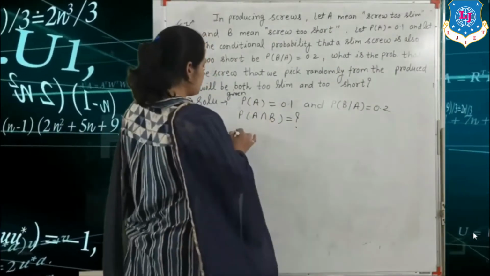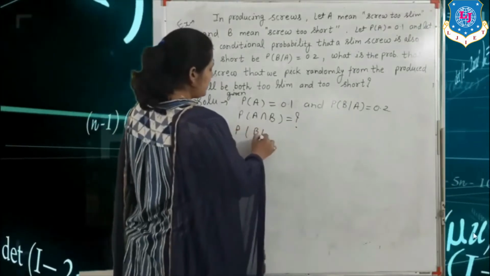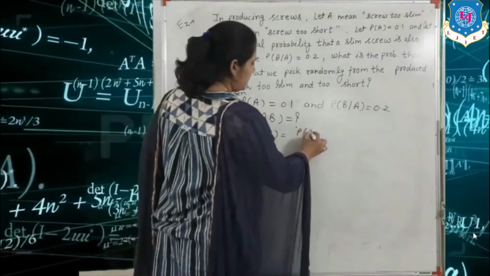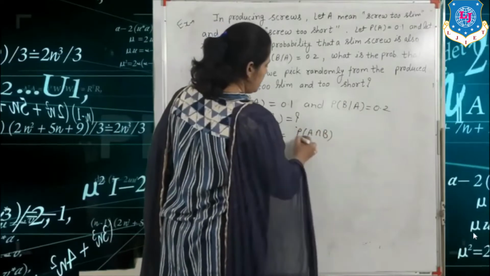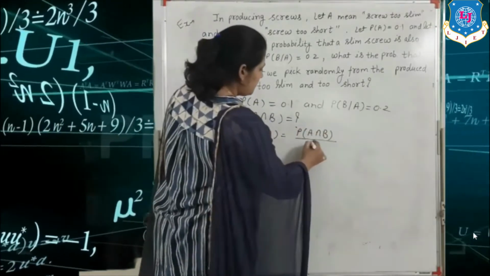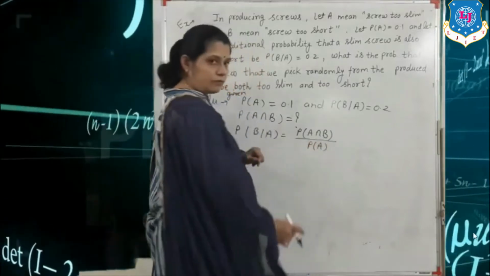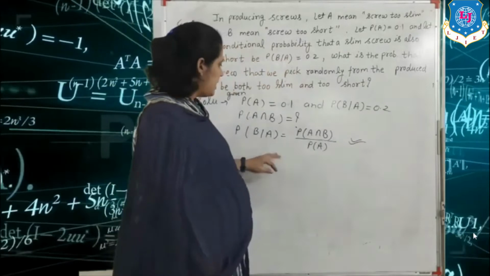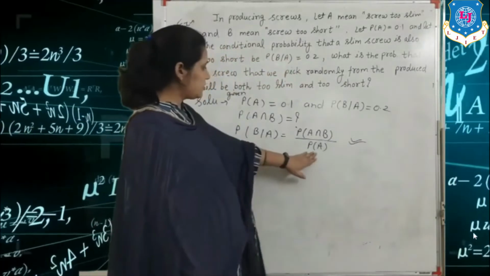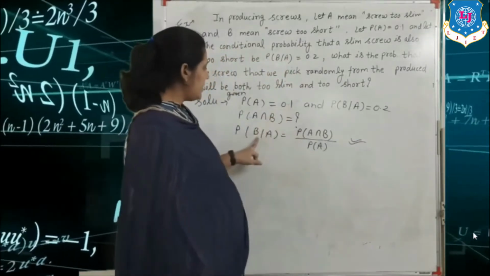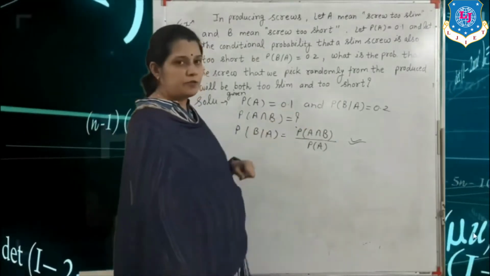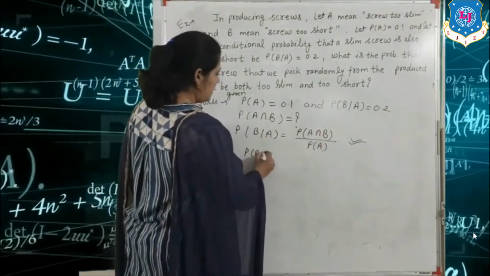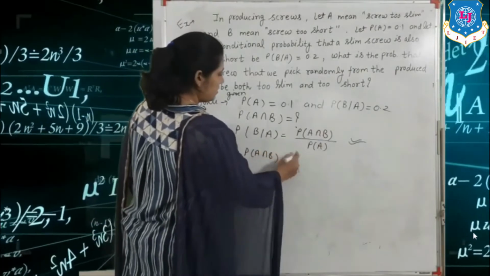First is P(B given A), which is the probability of A intersection B divided by the probability of A. This is the formula of conditional probability. We have both values, probability of A 0.1 and probability of B given A 0.2, and we find this value. So the probability of A intersection B is equal to what?